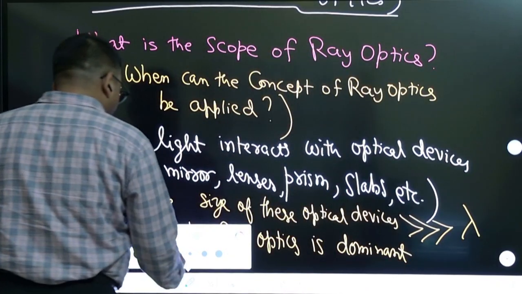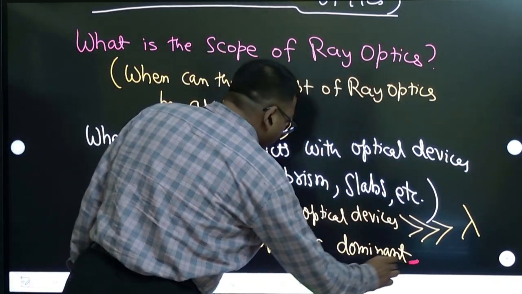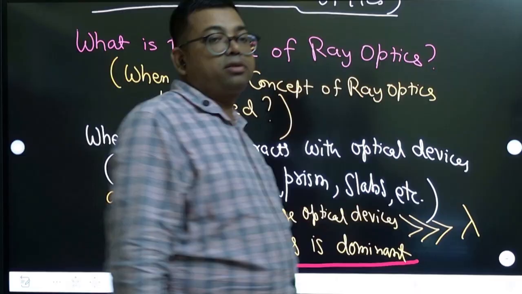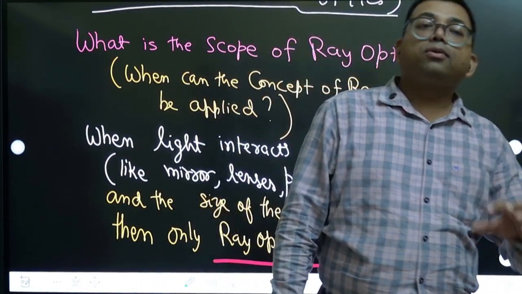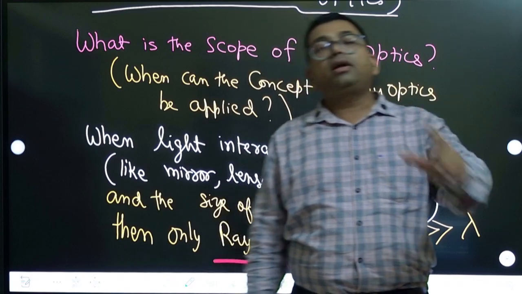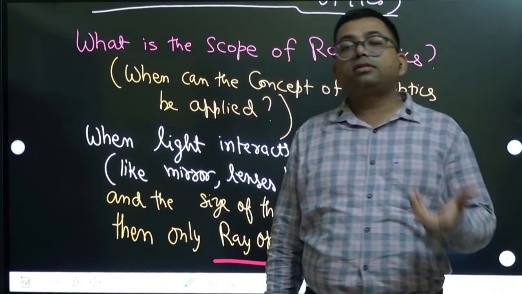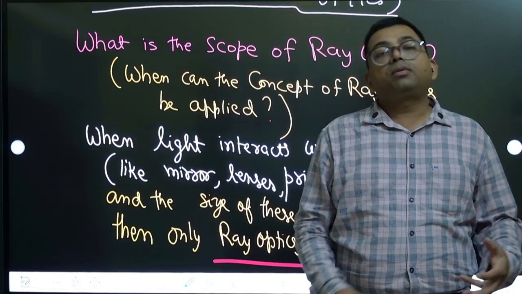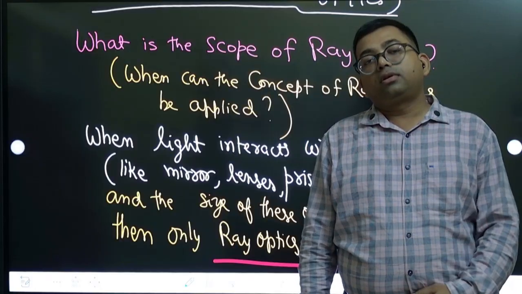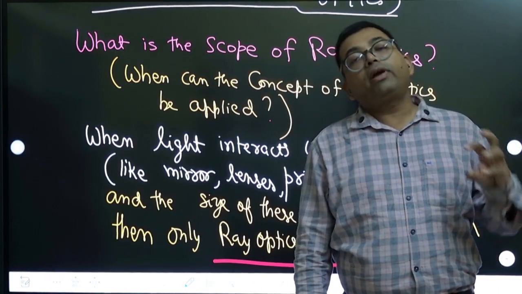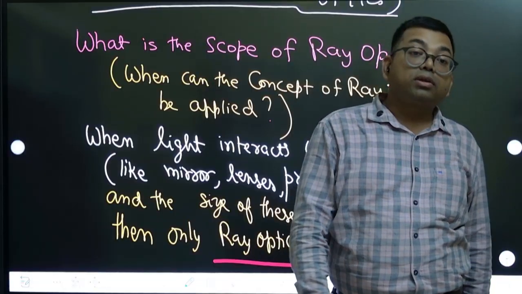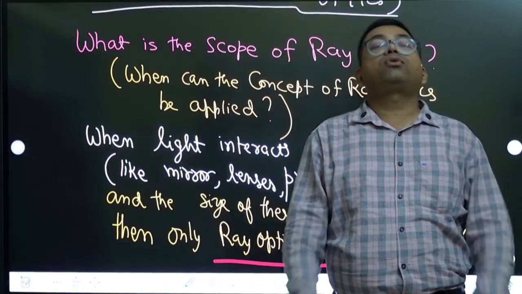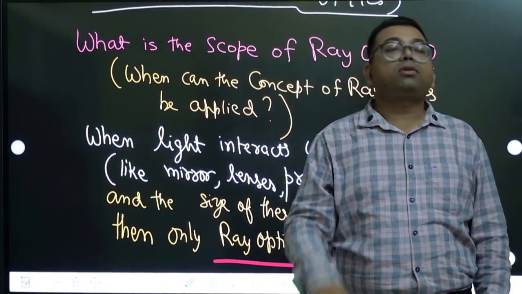Okay, so try to understand what is the important point here. This chapter begins with this point. Suppose if I give you some knowledge and I don't say when you can apply this knowledge, then it is not very important. You will not be able to understand it. When should you apply the ray optics concept, then only you will understand the limit of your knowledge.